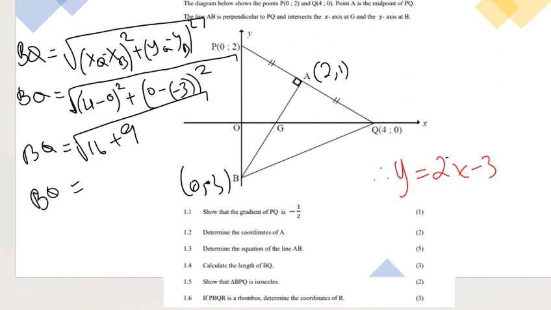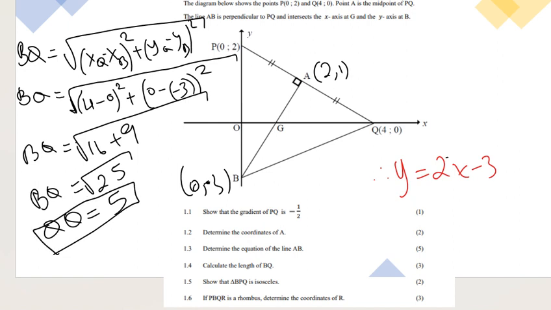So the length of BQ is equal to square root 25, which is just 5. BQ, this is BQ. So this length is equal to 5 units. Don't forget to write these units here.